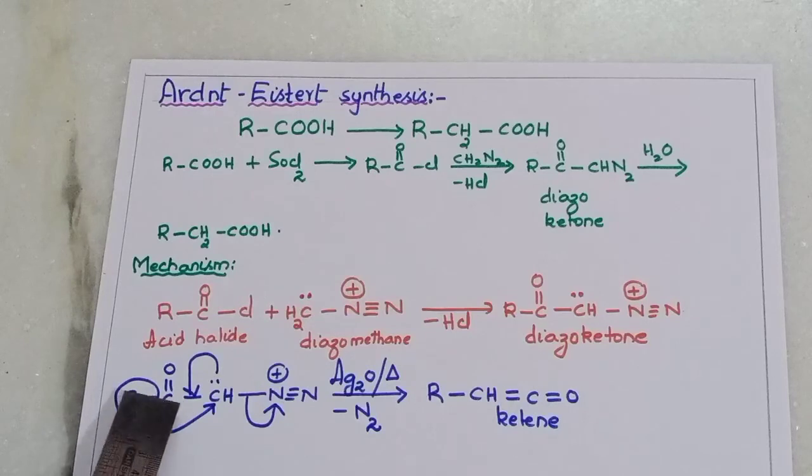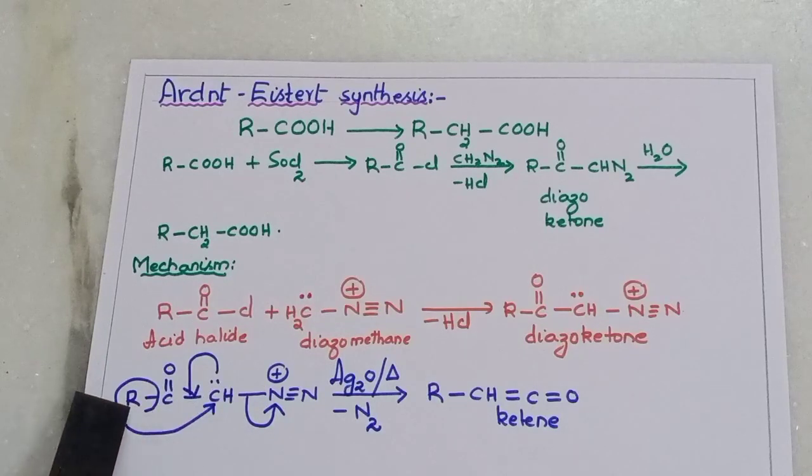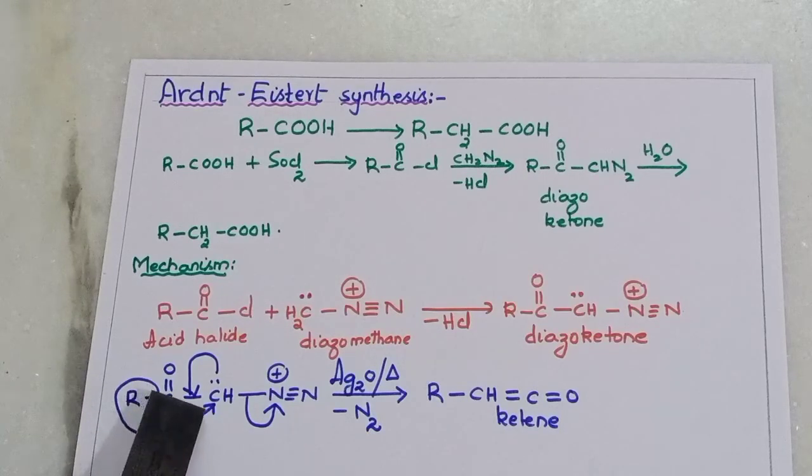That means a double bond will be formed between this carbon and this carbon. As this pair is shifted inside, R is there with this bond, and a bond means a pair of electrons. So R with the two electrons will move towards this carbon.